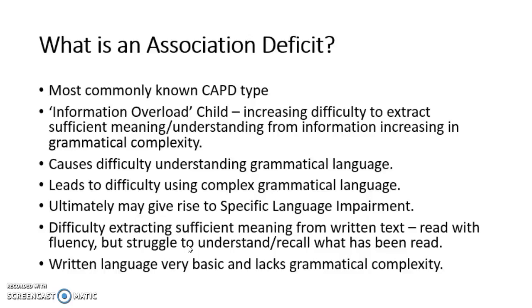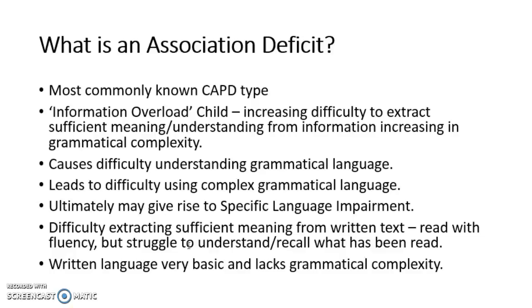So typically in your prep and early years, when you say point to the blue triangle, they can point to the blue triangle. You say point to the green pen, they can point to the green pen, but if you say point to the blue triangle and the green pen, they just can't do it. They are lost because there was just too much information.